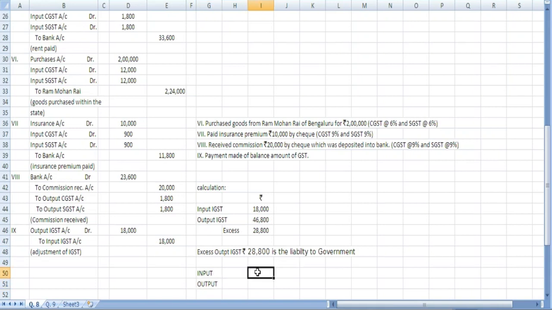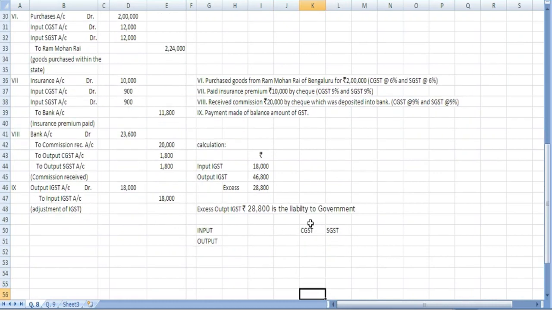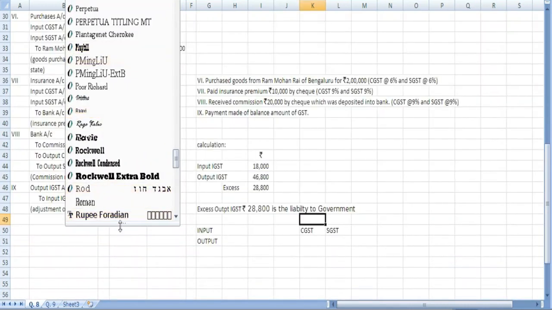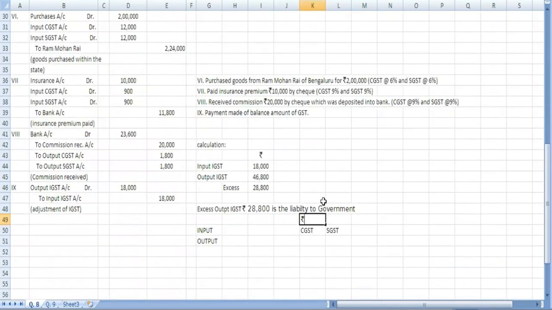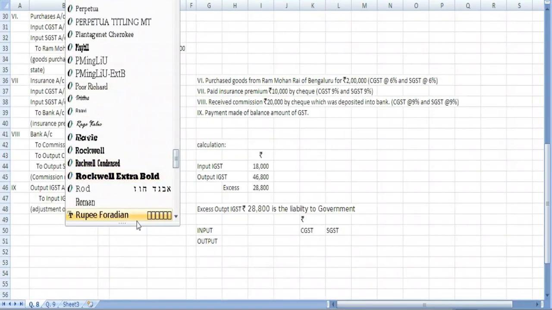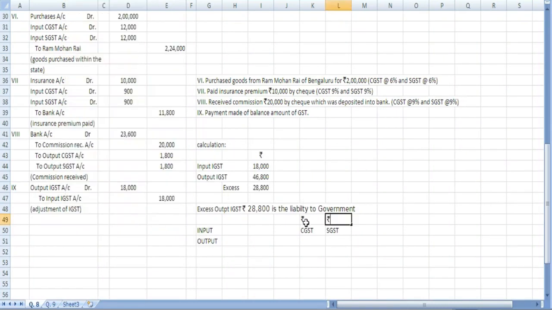And then I'll write here CGST and here I'll write down SGST. Here we'll put the rupee sign, and here also we'll put the rupee sign.